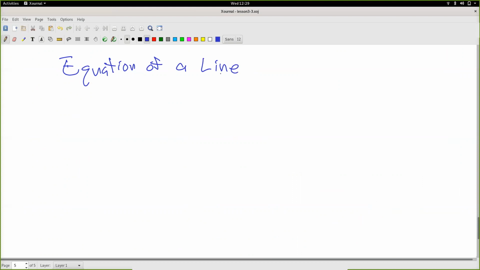There's many ways to write one, but I think the best one, and this is what our class uses, is something that looks like this: y equals mx plus b. And this value here, m, that's what we call the slope. It's also known as the rate of change. So AKA rate of change.